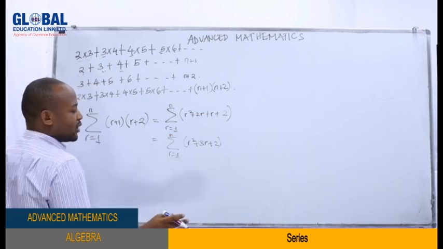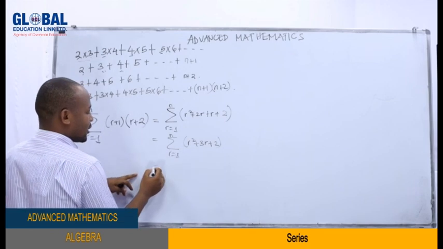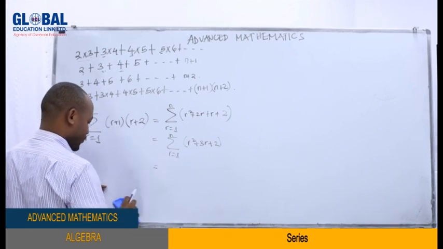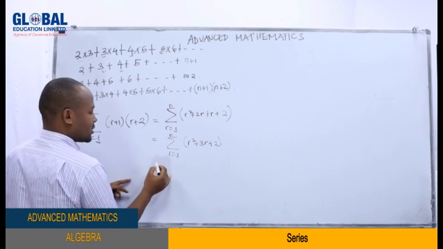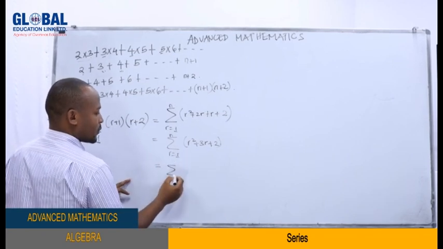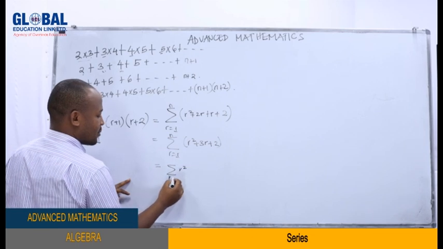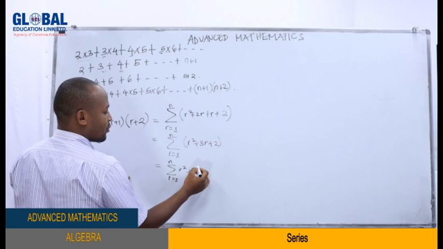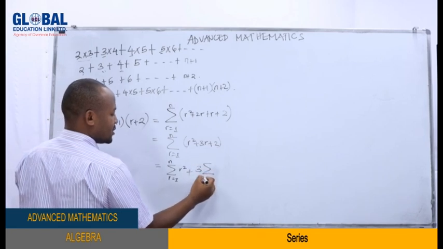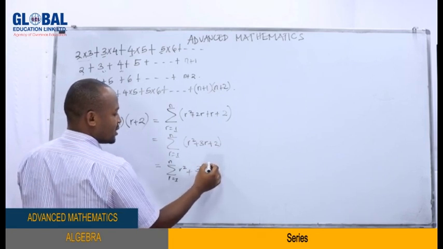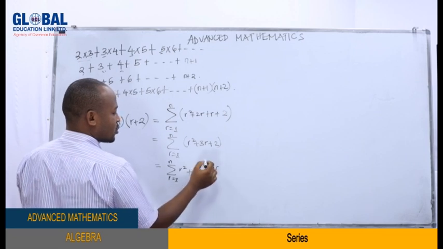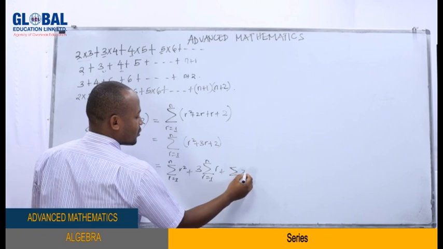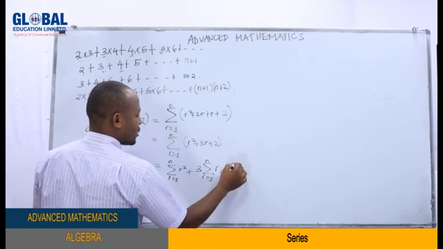And now we can open that by the use of sigma notation. So it is going to be a summation of r square from r is equal to 1 to n, and we know that 3 will come out of the sigma notation. That means we are going to have a summation of r from r is equal to 1 to n plus summation of 2 from r is equal to 1 to n.